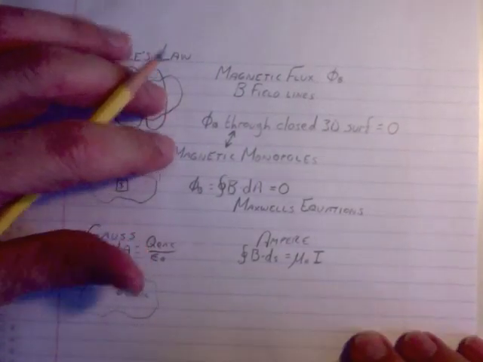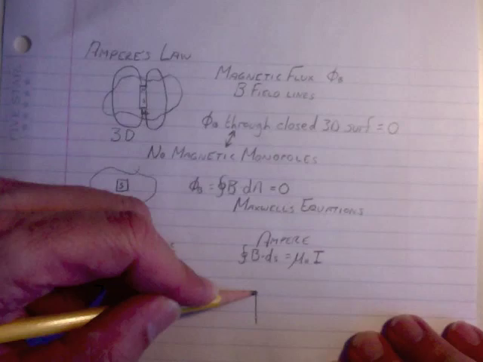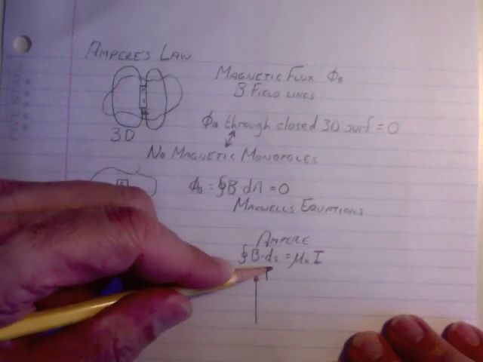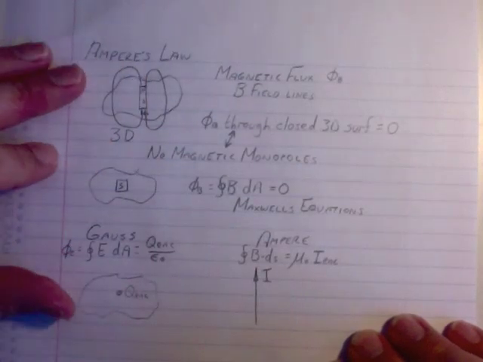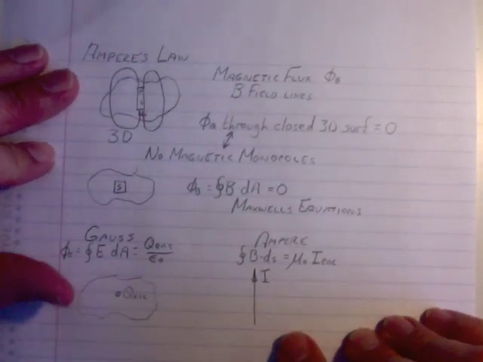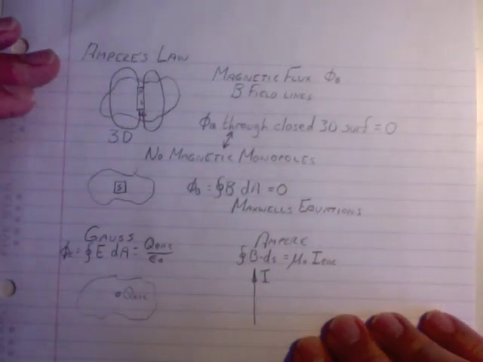What that means is if we have a current I, and I'll call this I enclosed, I penetrating, I through, something like that.